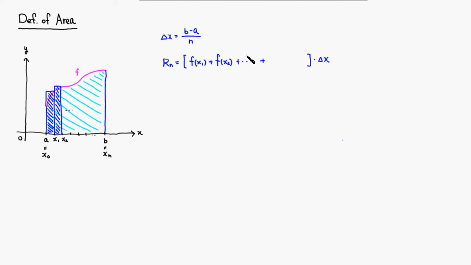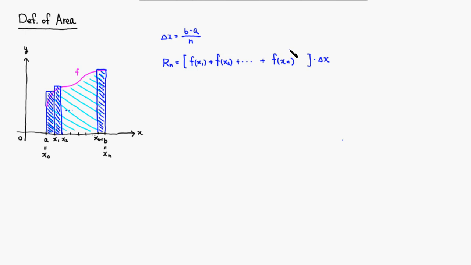The last one is the nth rectangle, which starts at xn minus 1. We're using the right endpoint to determine the height, so the last approximating rectangle has the height of f of xn. This is the general notation for right sum.